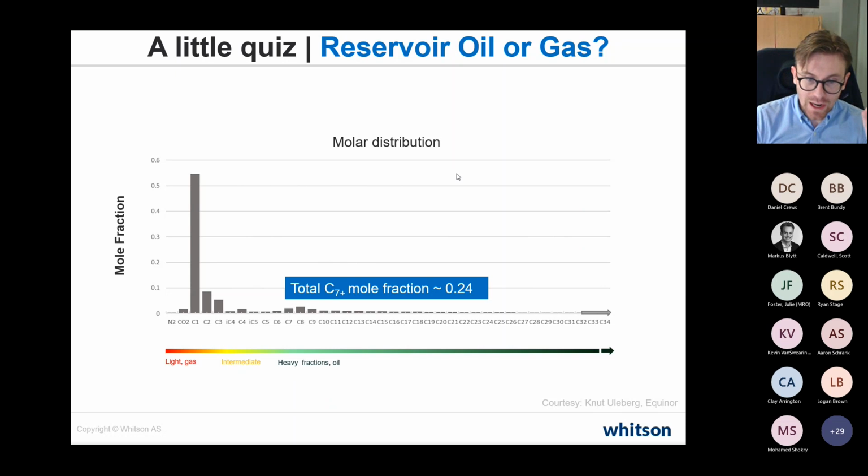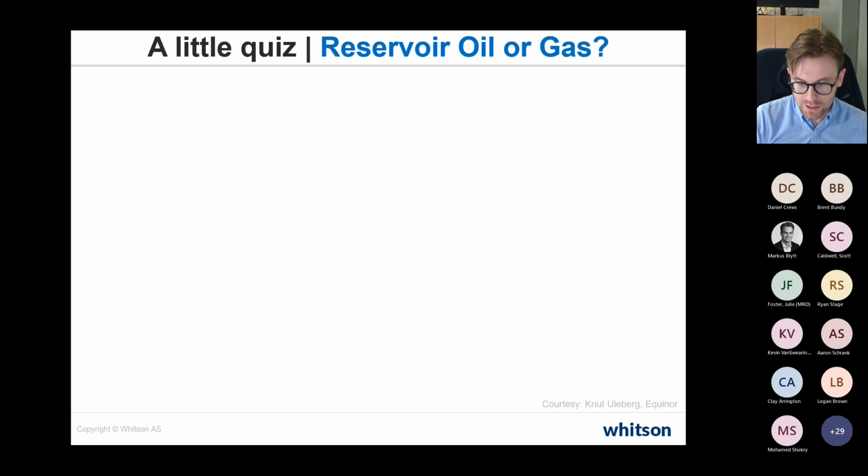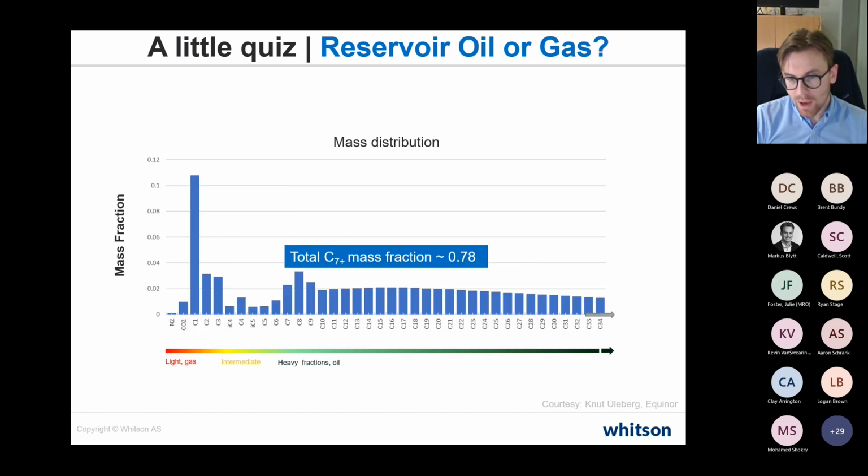But it is actually a reservoir oil. The reason why this is a trick question is that I showed you the mole fraction of each individual component, so that's why a lot of you answered gas. But if we convert this into mass, and I ask you the same quiz in terms of mass fraction and not mole fraction, is this an oil or a gas?